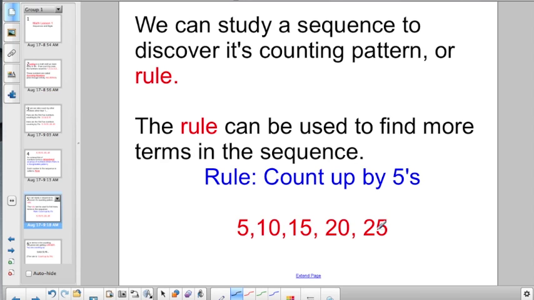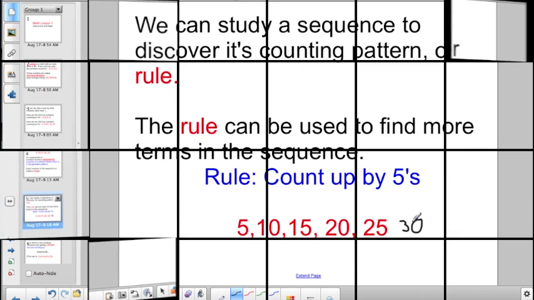What's 25 plus 5 more if I'm counting up? That's going to give us 30, right? The sixth term, once I know the rule, would be 30. Do we all understand what just happened there? I keep adding 5 each time to each one of the terms to find the next one. So if I need to find the extra term after that, add 5 more and you'll have it.